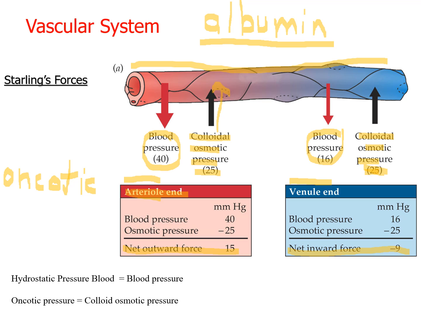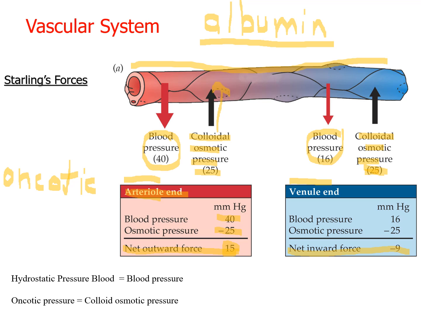The end result is there's a hydrostatic pressure pushing fluid out, an osmotic pressure or oncotic potential pulling fluid in. Net outward force with these numbers that they're providing is 15 outward.